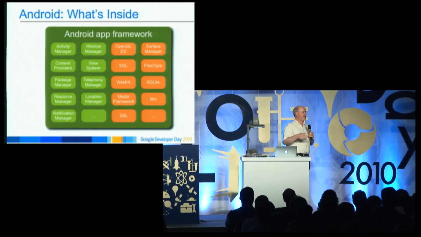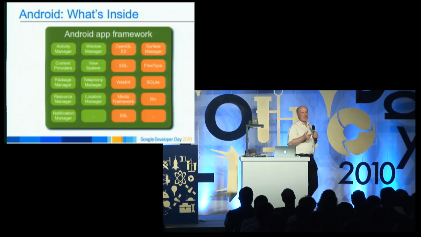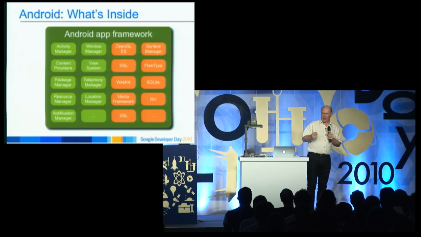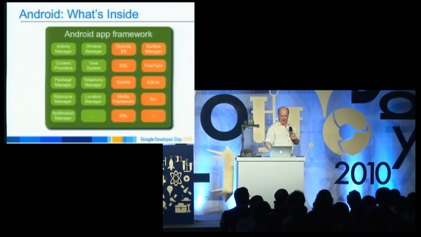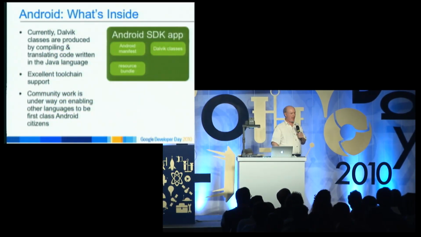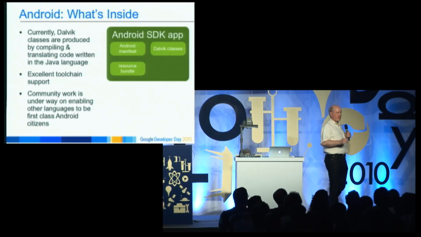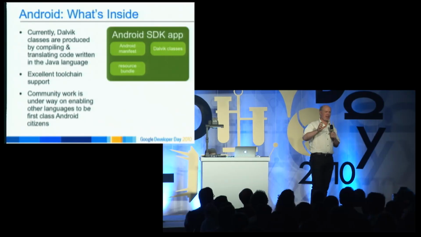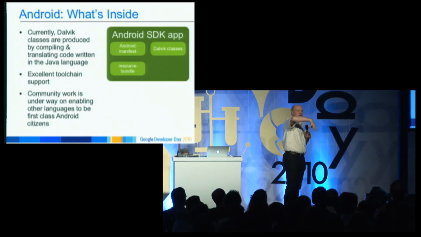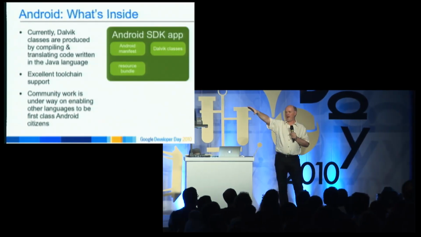So at the end of the day, as developers, what we produce are applications. If you look inside an Android application, which is an APK file, there are really three things. The Android manifest is the bridge between an Android app and the rest of the system.